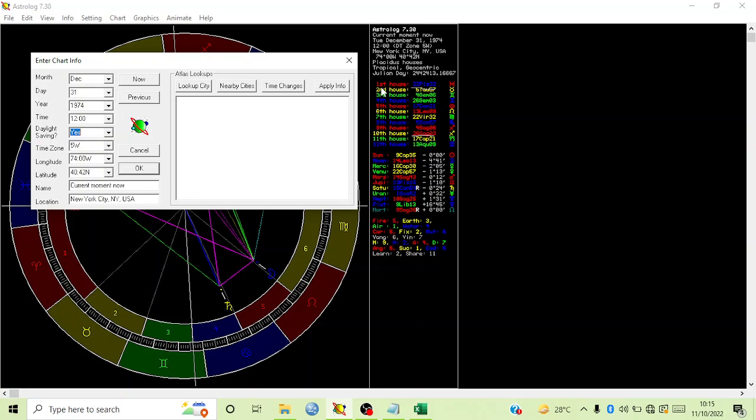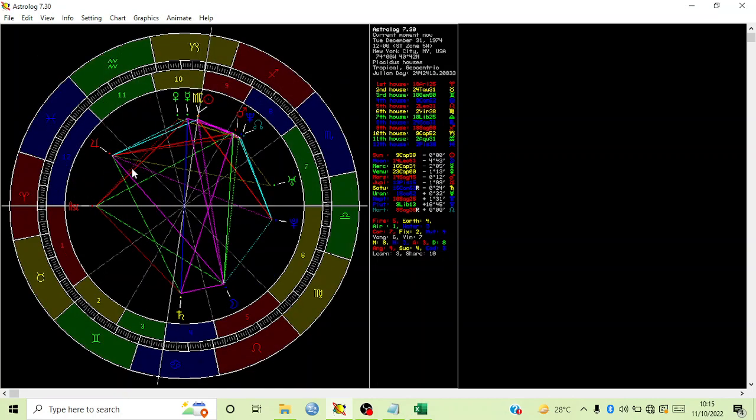So that's the reason why I said when you open Astro, make sure that the location is reclicked, so that automatically, based on the time that you have put here, it will know what to do on the daylight savings. So that once it's a no, you will notice that now the houses have been set correctly.